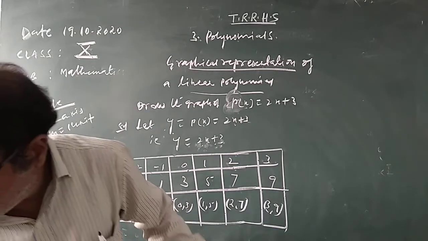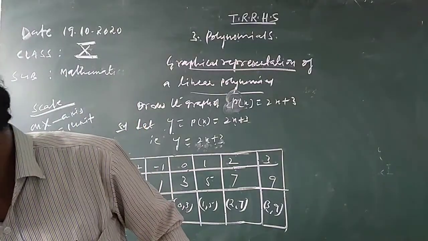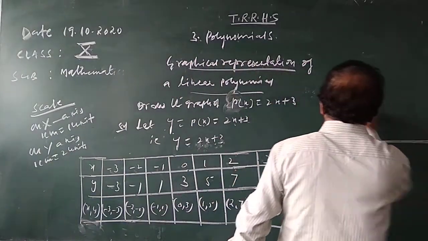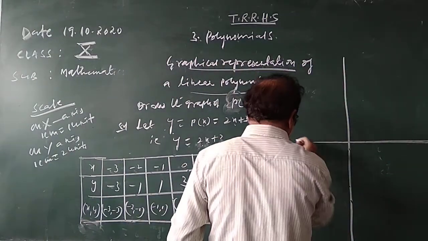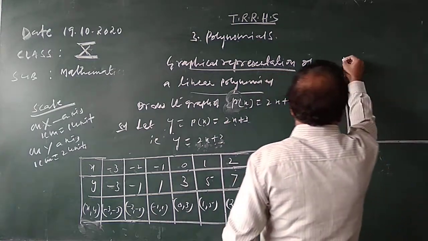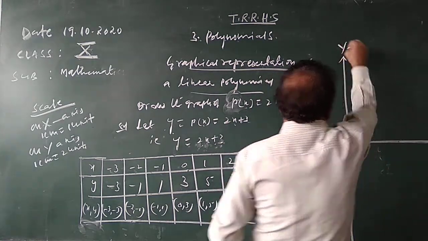Now the graph sheet. This is the x-axis, and this is the y-axis. The horizontal line is the x-axis, and the vertical line is the y-axis.